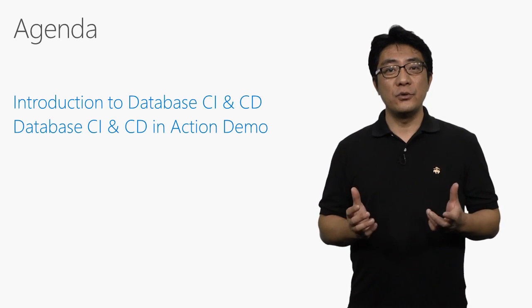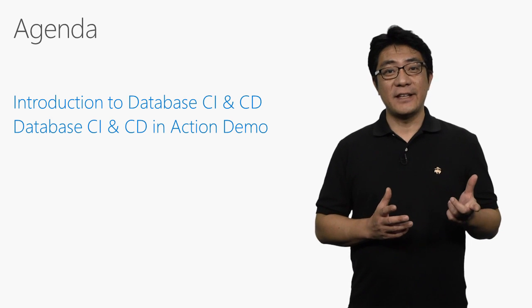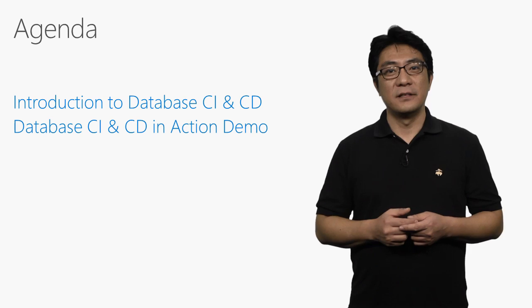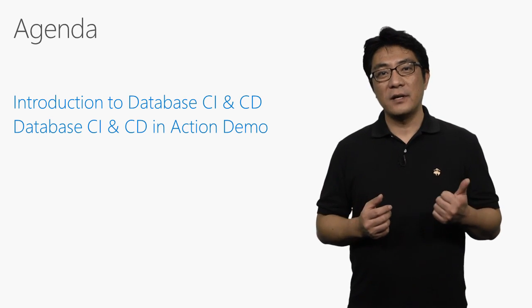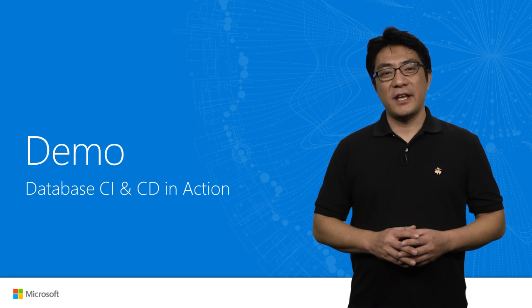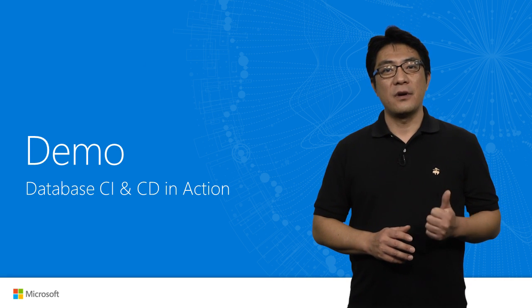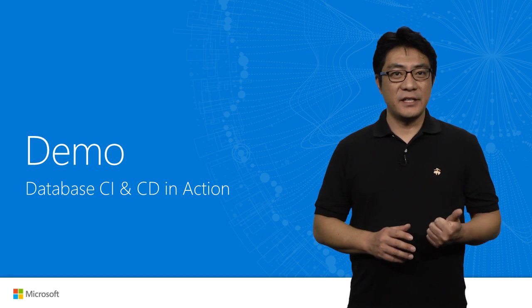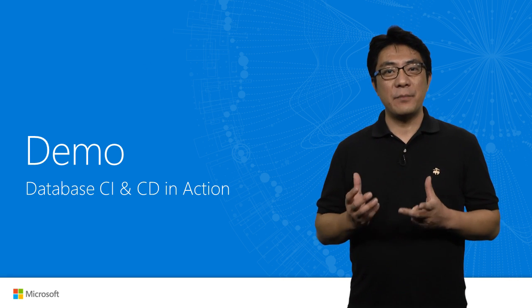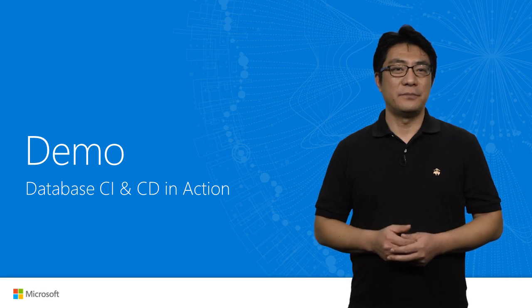This brings a huge benefit: you can detect change issues early and at a smaller scale, hence mitigate them quickly and easily. To make things easier to understand, I'll jump right into the database CI and CD demo in action and walk you through a story for a typical day of a developer.